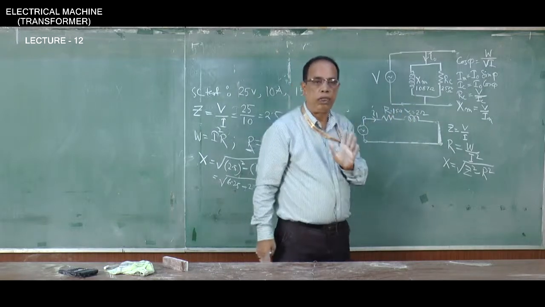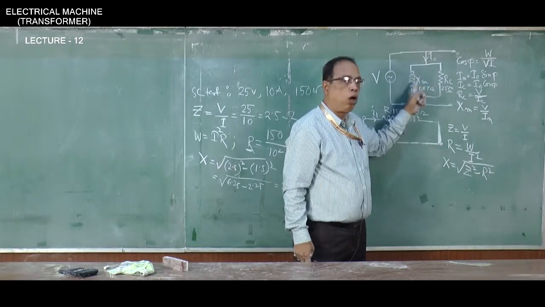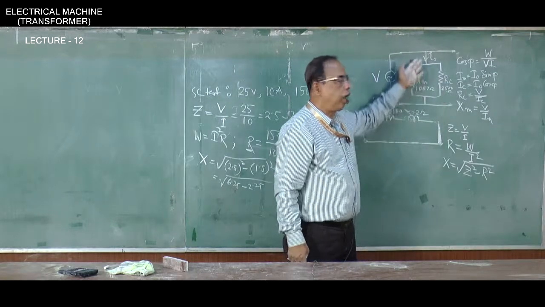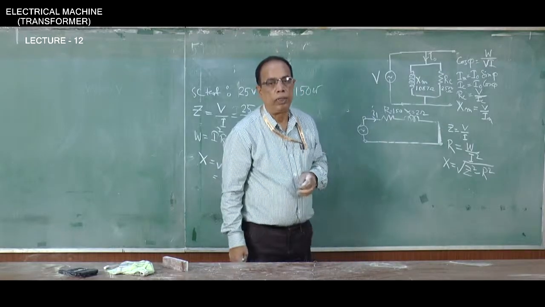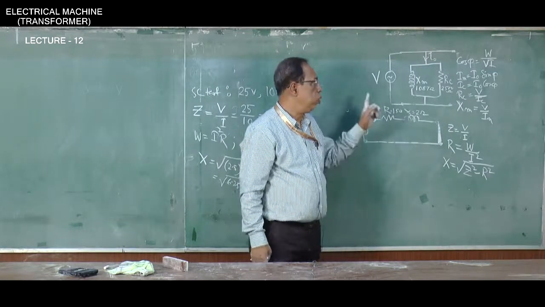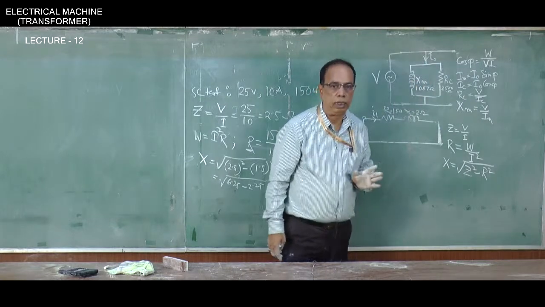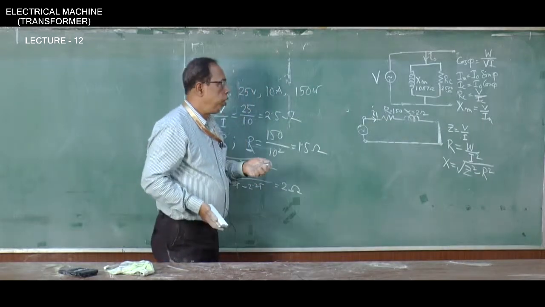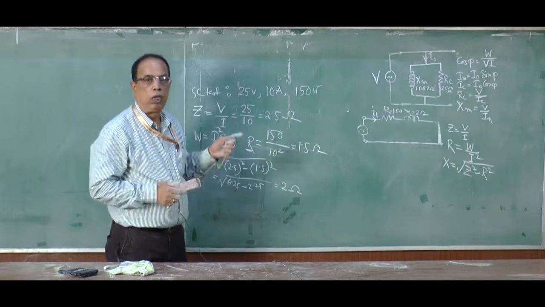That is why, because of this high value of magnetizing reactance and resistance, the magnetizing current is always very, very small. But for calculation of losses, especially core losses, we will always have to account for this magnetizing current. In the next lecture, we will be discussing the other form of equivalent circuit.